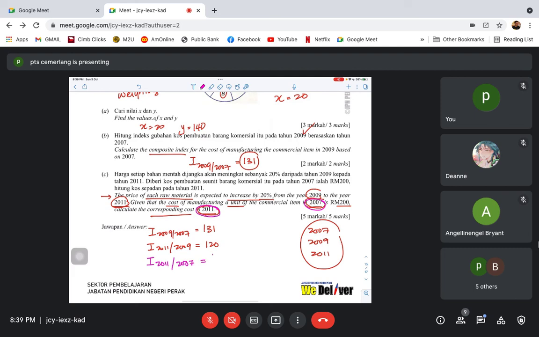This one is the one we want to find. Sebab dia cakap 2007, dia punya cost is 200. Berapa harga dia 2011? So we do not know. Berapa kenaikan harga daripada 2007 kepada 2011? We don't know that. So that's why I put a question mark here. Okay? So far, these 3 information, can you understand or not? If you can understand, you press 1 before I proceed.